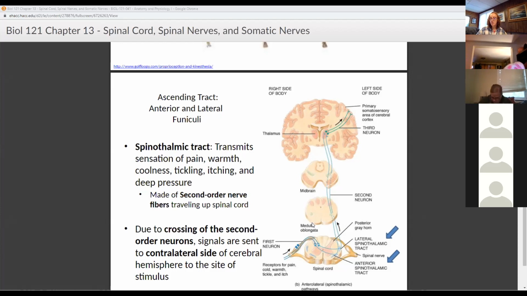Remember, these are second order. Due to the decussation of these second order neurons, the signals are sent to the contralateral side of the cerebral hemisphere from the site of stimulus.